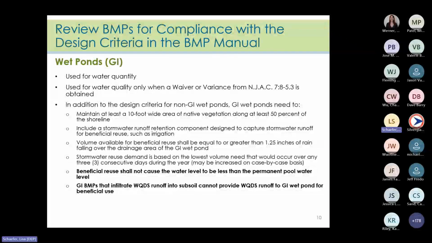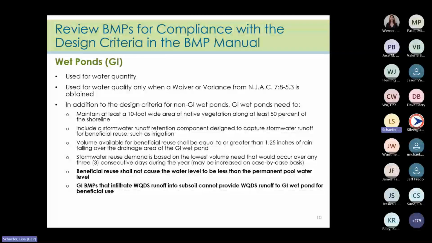They also need to include a stormwater runoff retention component designed to capture stormwater runoff for beneficial reuse, such as irrigation. Now, the volume available for beneficial reuse shall be equal to or greater than 1.25 inches of rain falling over the drainage area of the GI wet pond.